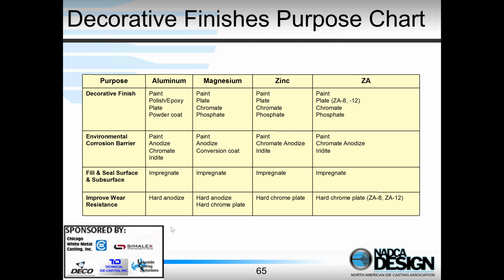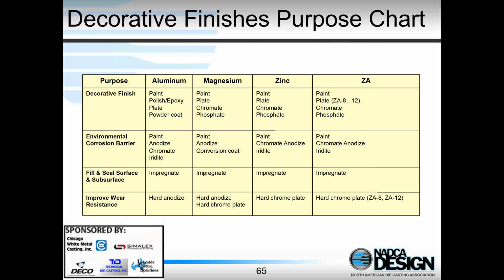For example, if we want to improve wear resistance for an aluminum die casting, then hard anodizing is a good way to go. Now, notice that for decorative finish, anodizing is not called out as a decorative finish, and the reason for this is that if you try to anodize or color anodize, for example, aluminum die castings, in fact, aluminum castings in general, you tend to get a blotchy finish.